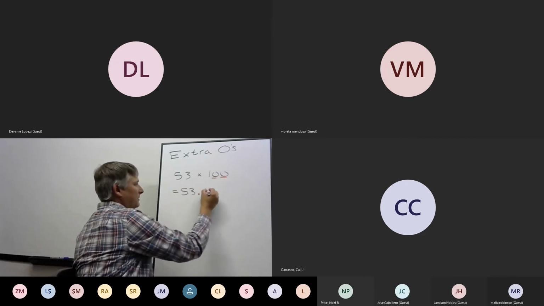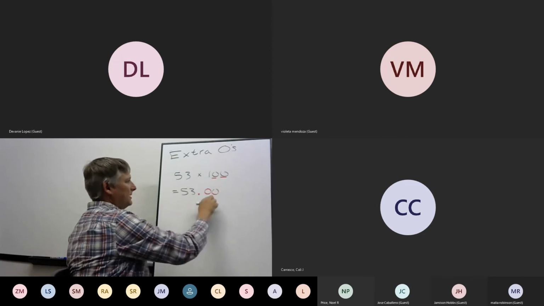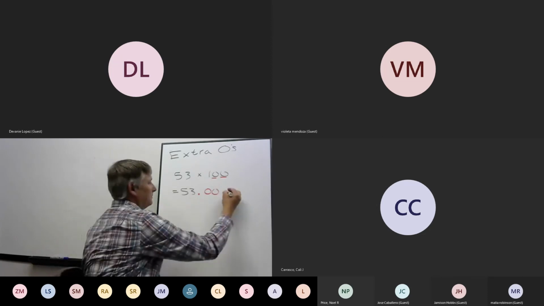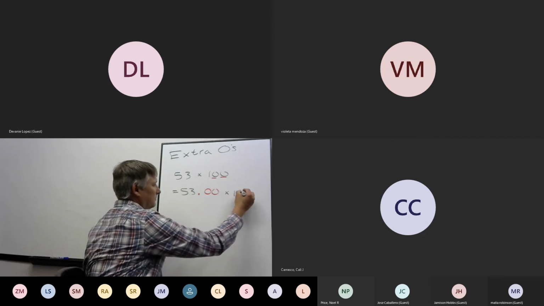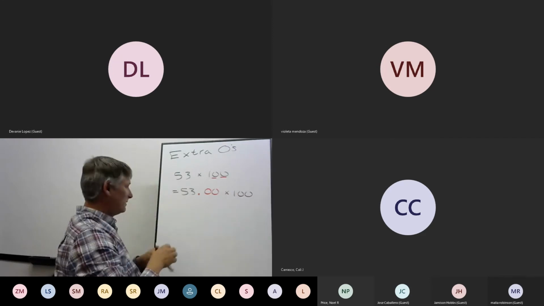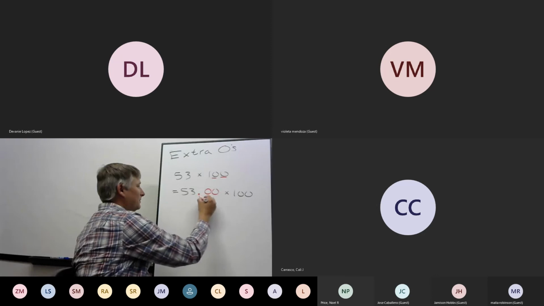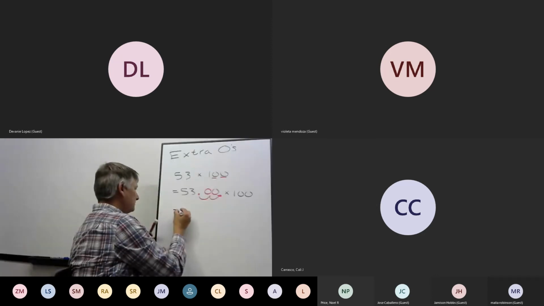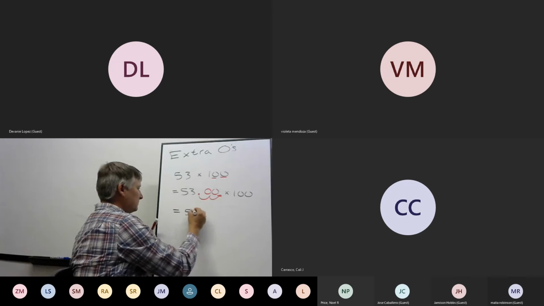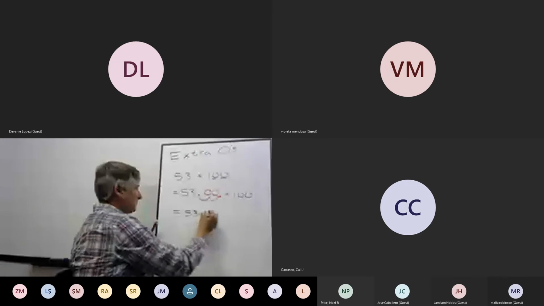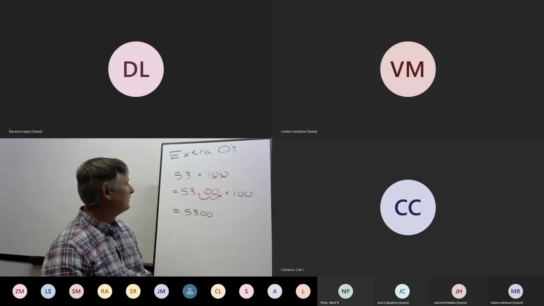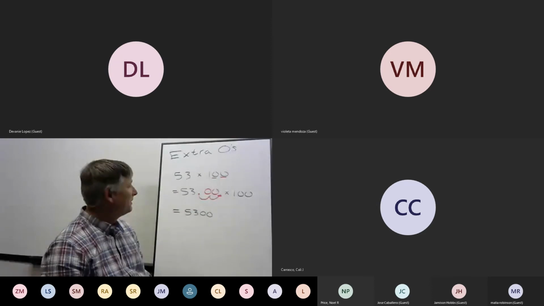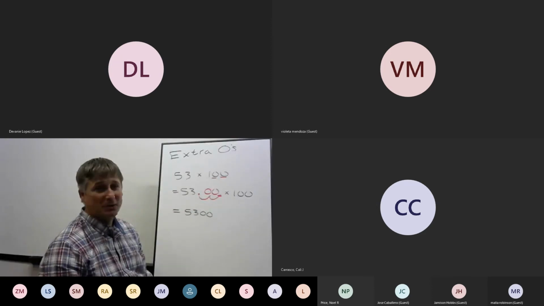And that tells me how many invisible zeros that I need to make visible. I move the decimal. And that's going to be my answer. Questions about that?